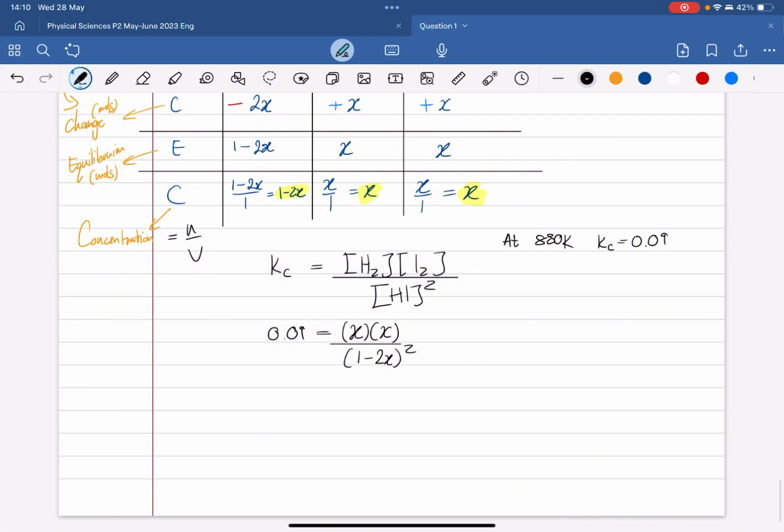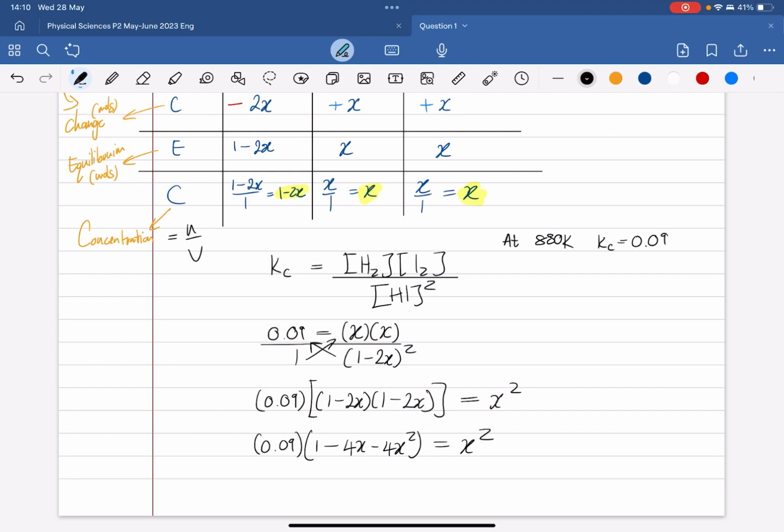And now we can solve for x. If we cross multiply, we're going to get 0.09 multiplied by 1 minus 2x, 1 minus 2x. So that's us cross multiplying there. And then we're going to get x squared on the right hand side. If we keep the 0.09 and expand the brackets, we're going to be left with 1 minus 4x plus 4x squared is equal to x squared.